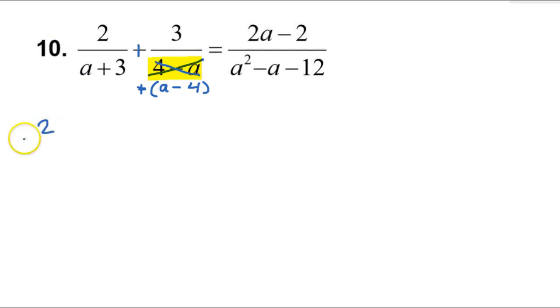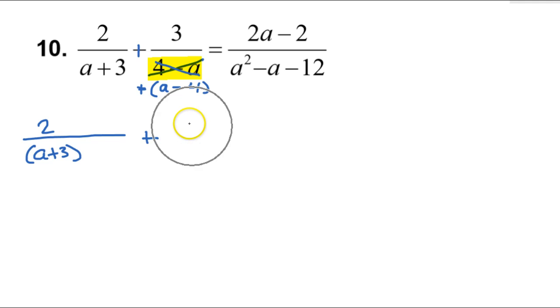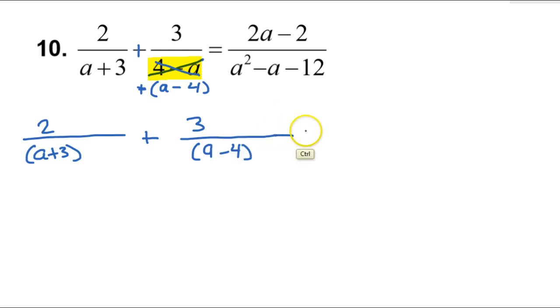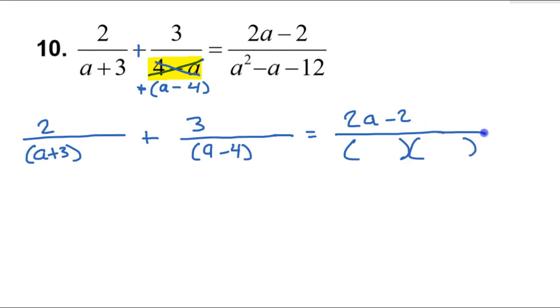So I have 2 over a plus 3, plus 3 over a minus 4 equals 2a minus 2 over, let's see, a squared is a times a. 12 is 3 times 4, 2 times 6, or 1 times 12.